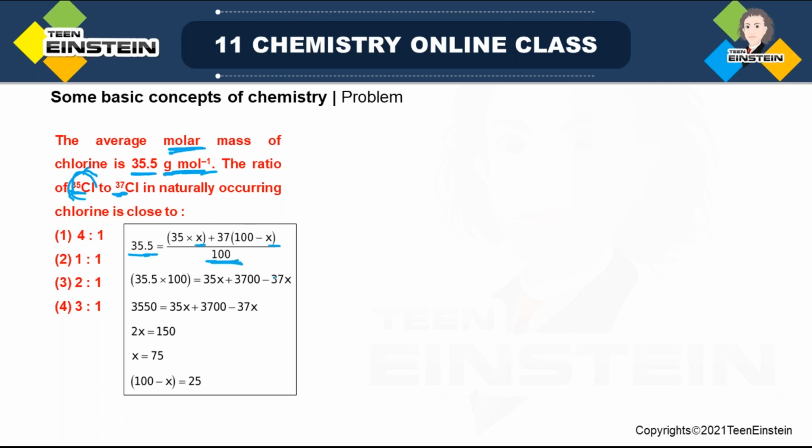If you do this calculation, finally you will see the value of X is 75. That means the second isotope is 100 minus 75, which is 25. Now take the ratio of chlorine-35 to chlorine-37: 75 divided by 25 is 3:1. So this should be the correct answer.